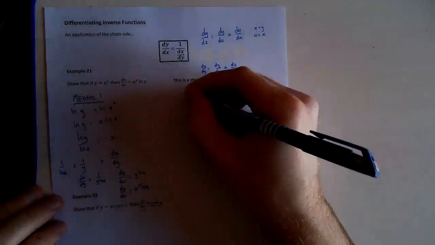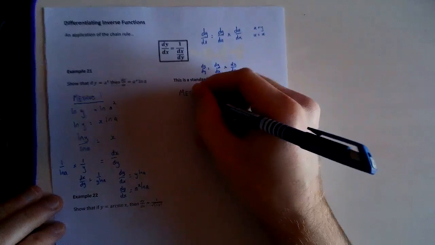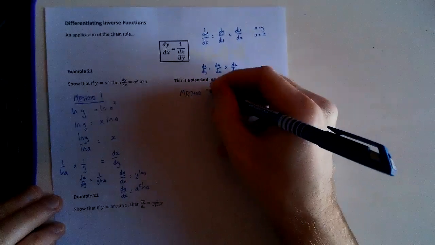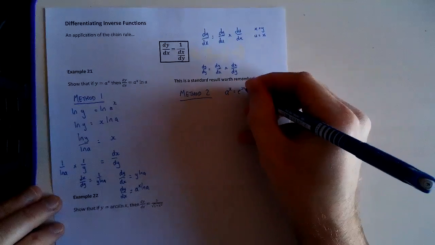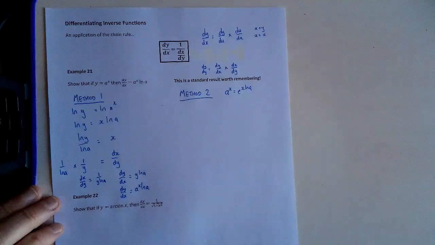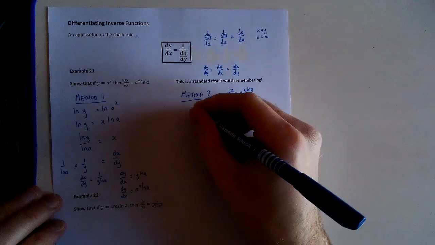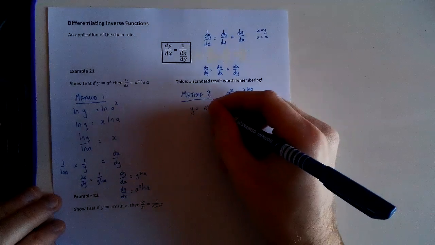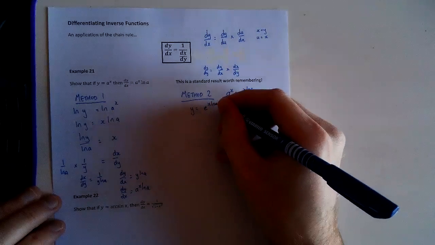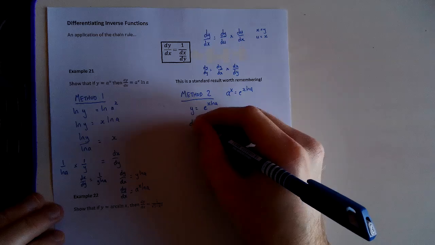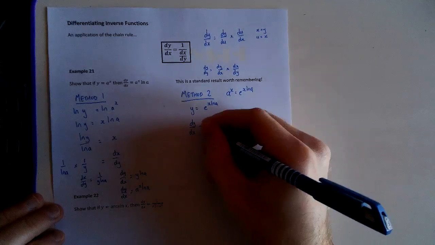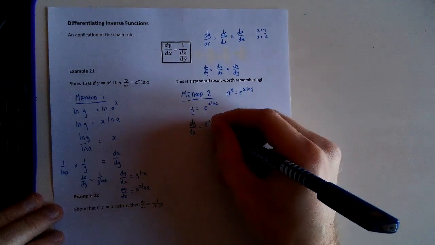In method 2, we don't need to use this new method, but we do need to use a to the x equals e to the x ln a. We do need to use this formula for it. So I'm going to write y as e to the x ln a. And just remember, ln a is just a number. So when I differentiate, remember, e just is the same.